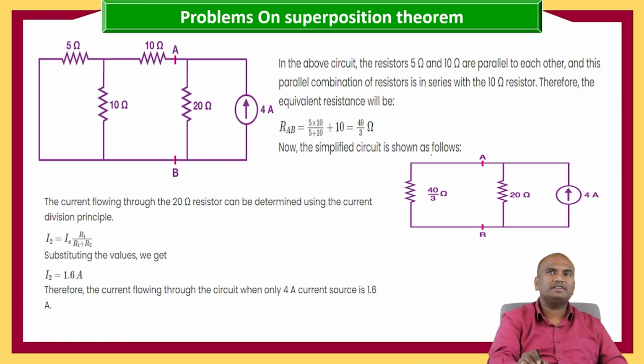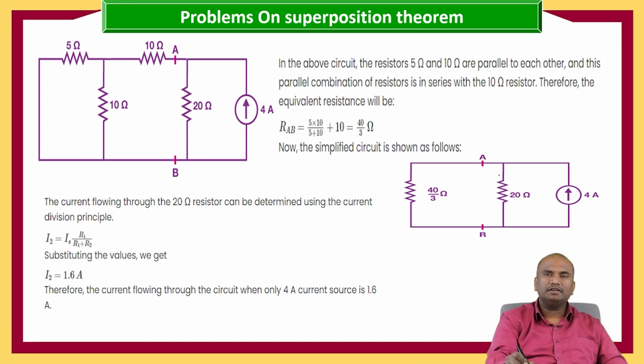Now the simplified circuit is as follows. That is only 40 by 3, which is in parallel with 20 ohms and the 4 ampere current source. Now these two resistors are connected in parallel. When these two resistors are connected in parallel, the current division takes place.